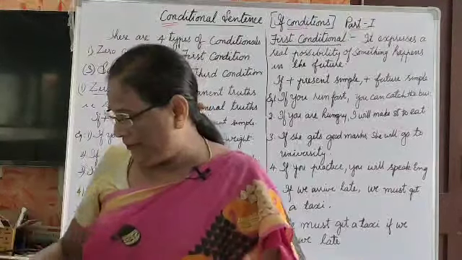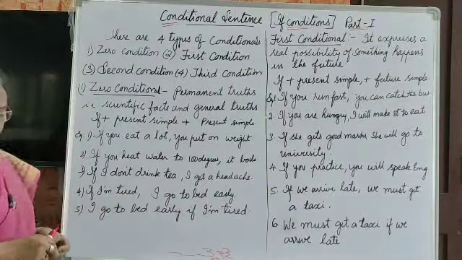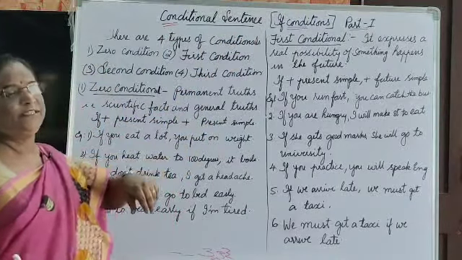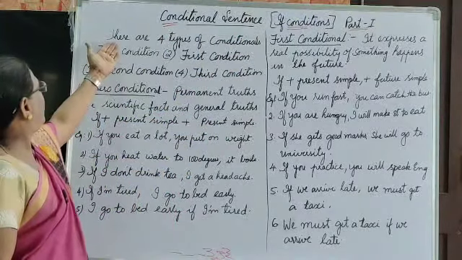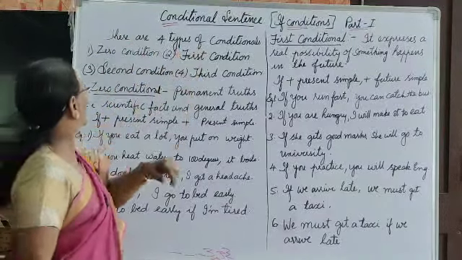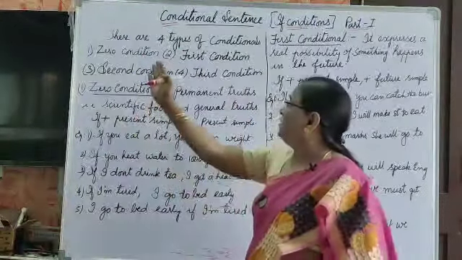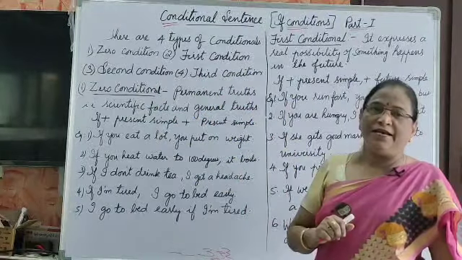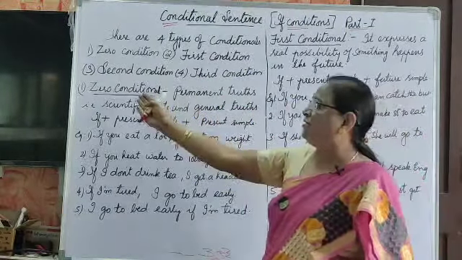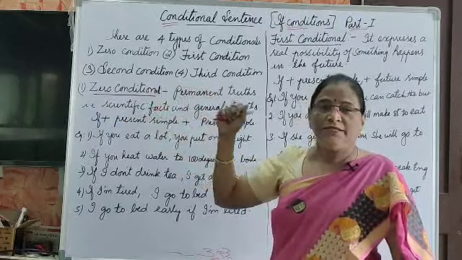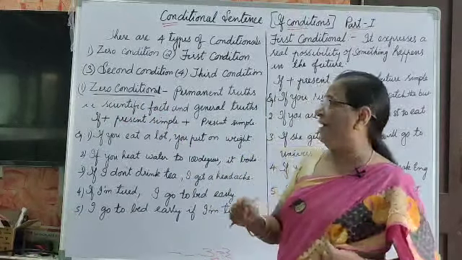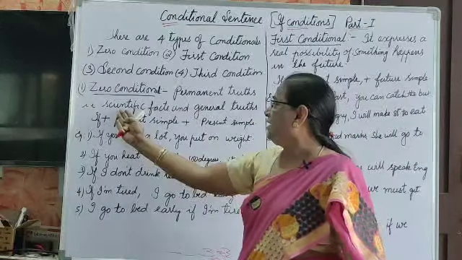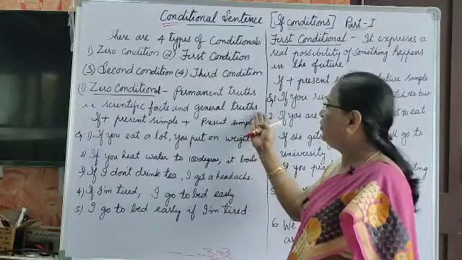I will show you through examples. Conditional sentences, if conditions, and today's is part 1. There are four types of conditionals: zero, first, second and third. As I told you, the zero conditional talks about general truths or scientific facts, permanent truths.